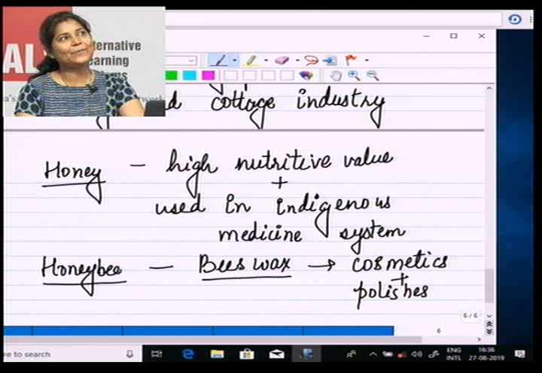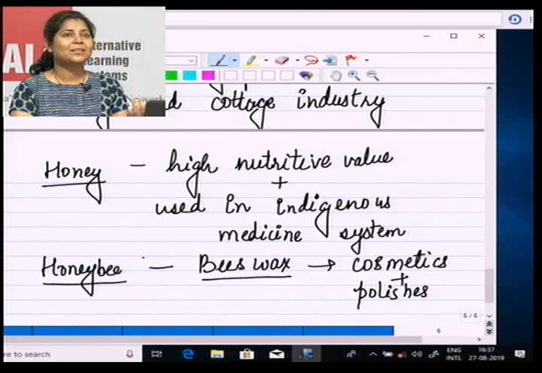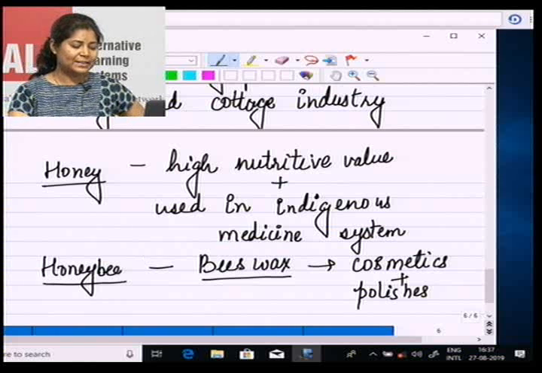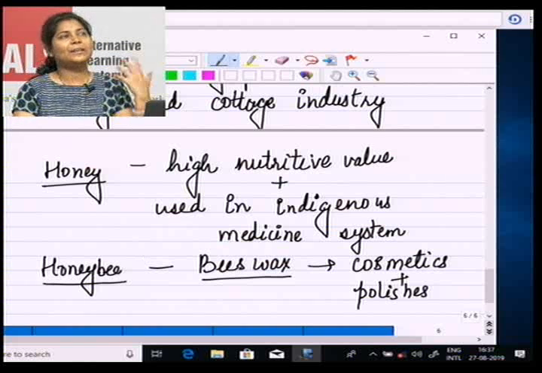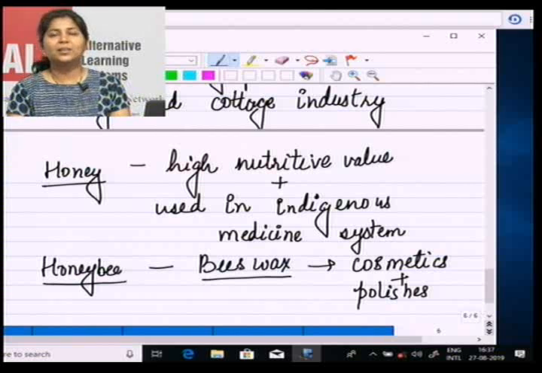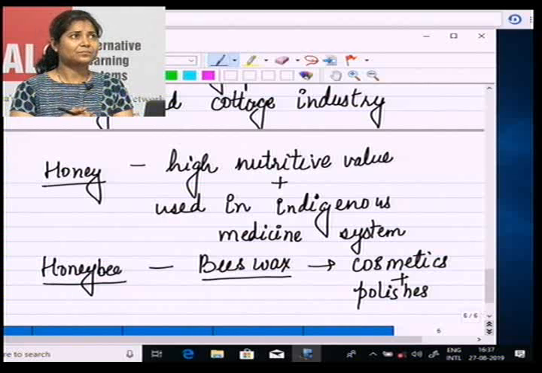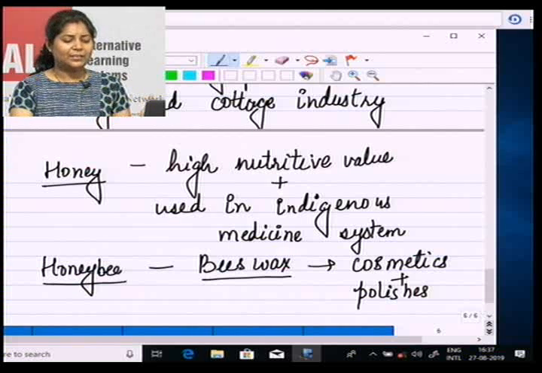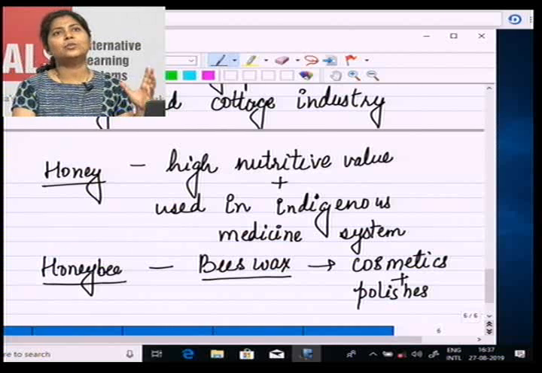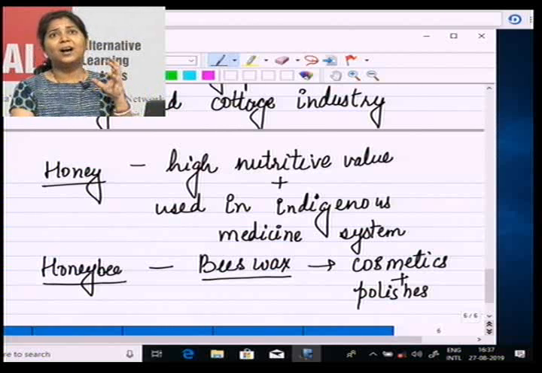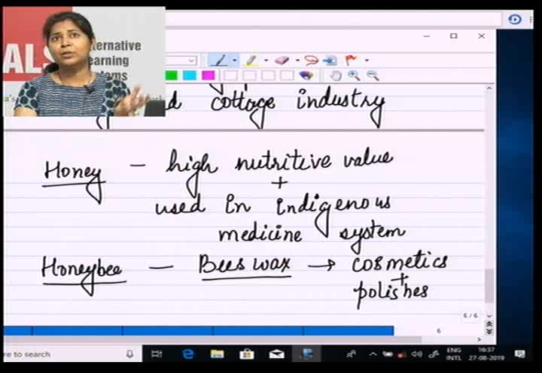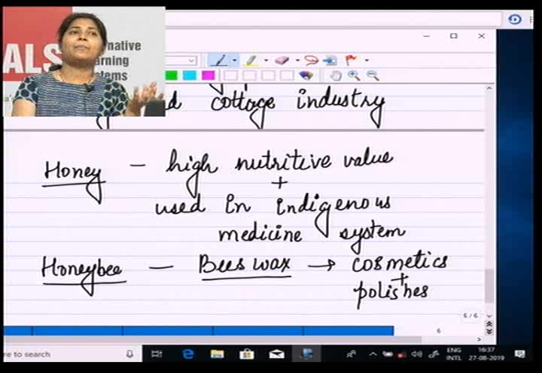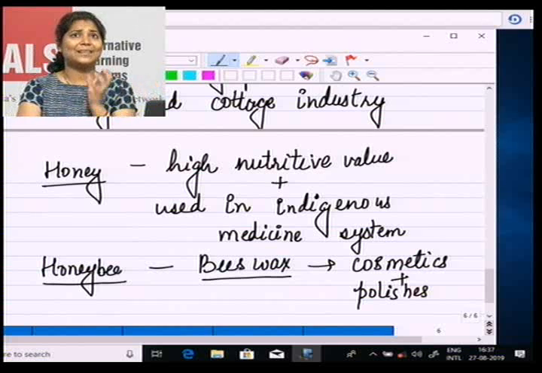If you go across many of the research articles and research papers, it is said that if all the honeybees are disappearing from the earth, the earth won't be existing for too long. Why? Because they are the major pollinators. So before thinking of honey and beeswax, what we should think about is pollination.